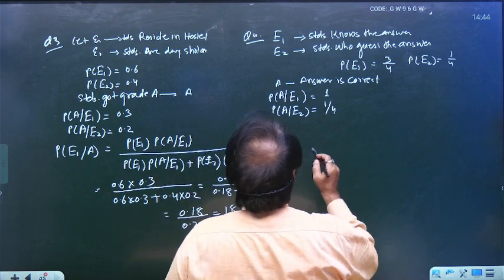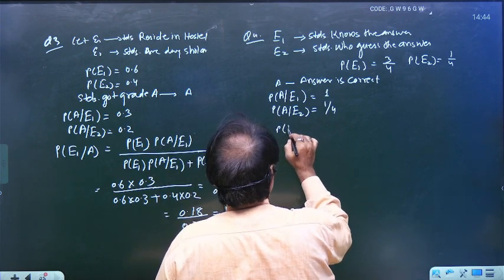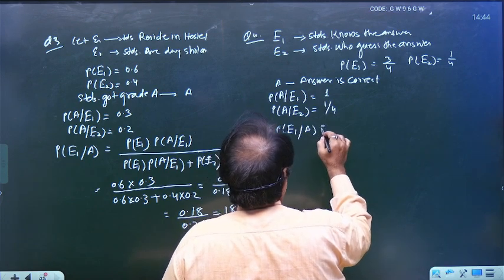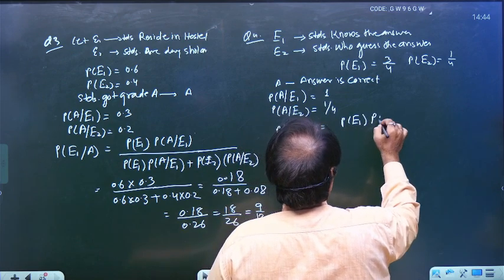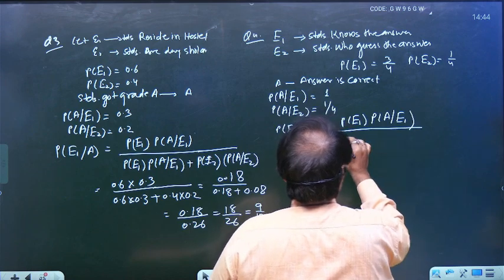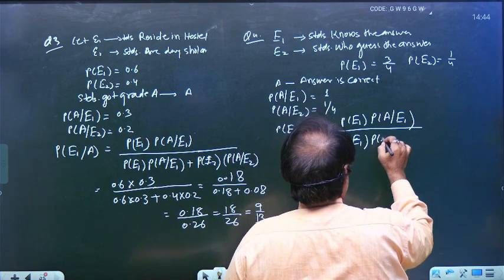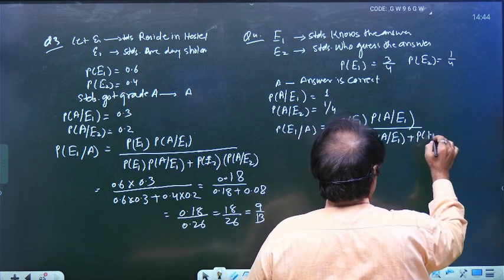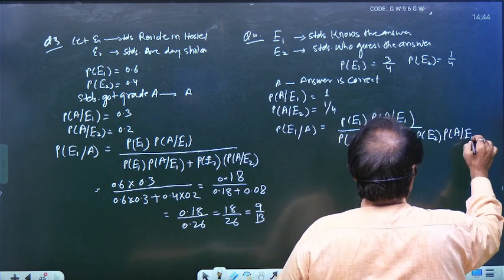So we have to find the probability of E1 by A. So now apply the Bayes theorem. Probability of E1 into probability of A by E1 upon probability of E1 into probability of A by E1 plus probability of E2 into probability of A by E2.